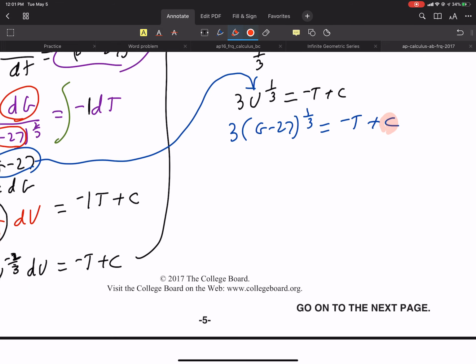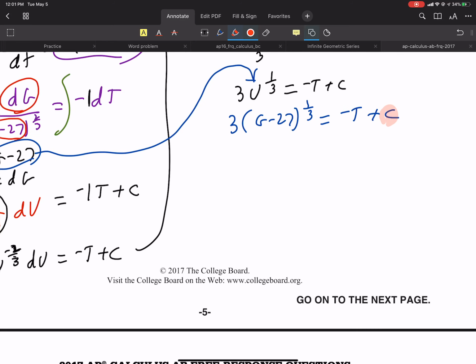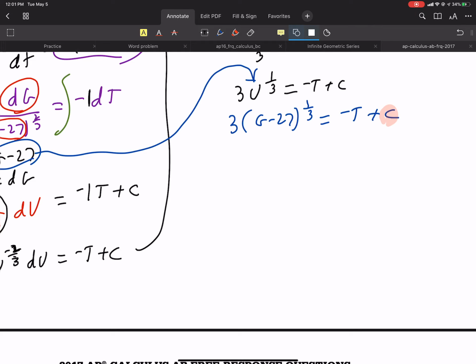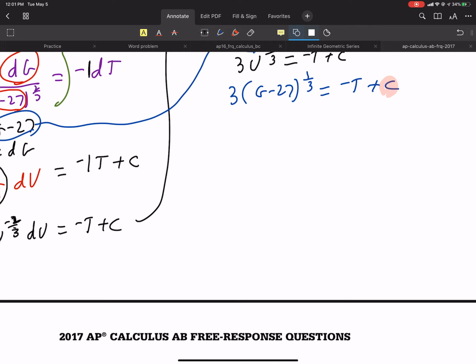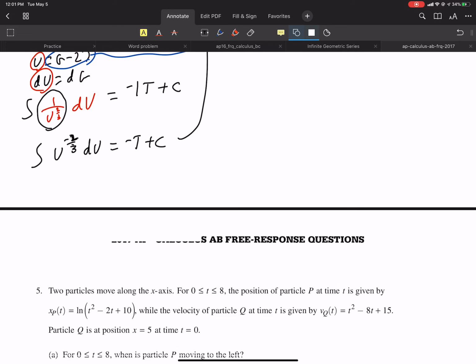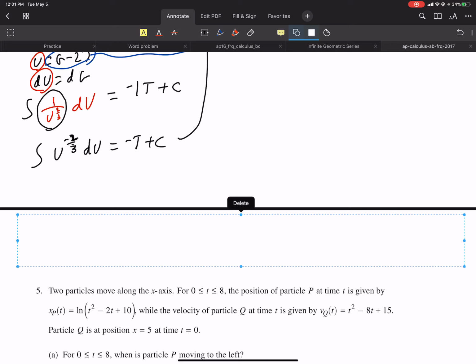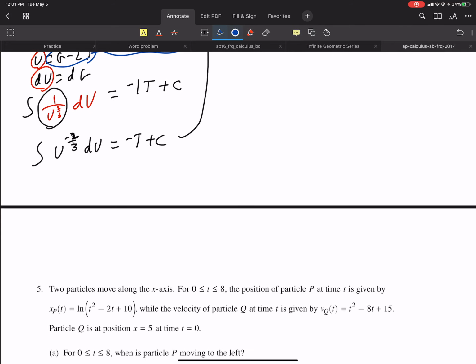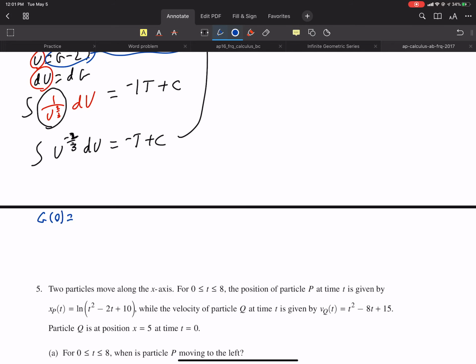So side work. Where am I going to do it? I'm going to do it down here. They told us G of 0 is 91.